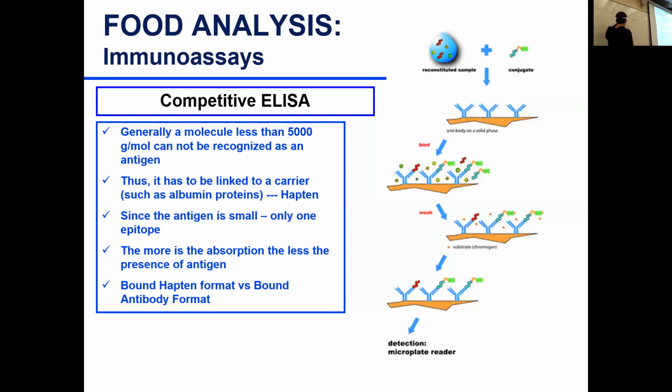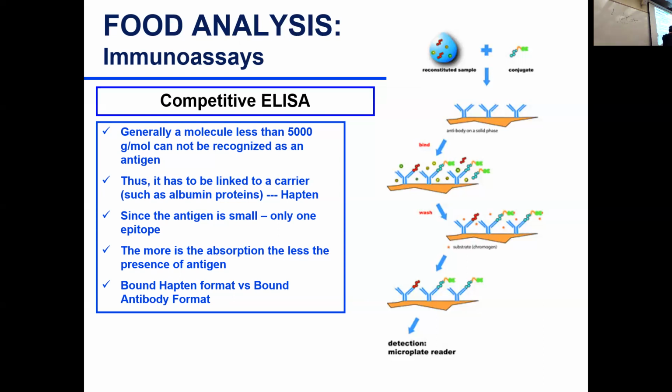The reason I have a carrier protein is that if I inject only the small antigen into the host, it won't recognize it. It has to be carried with a bigger molecule. So we use proteins, albumin proteins specifically, to generate antibodies for different locations, including the actual small molecule of interest.